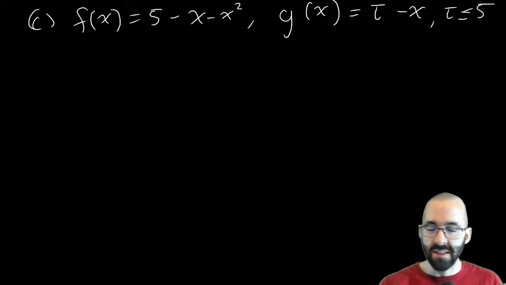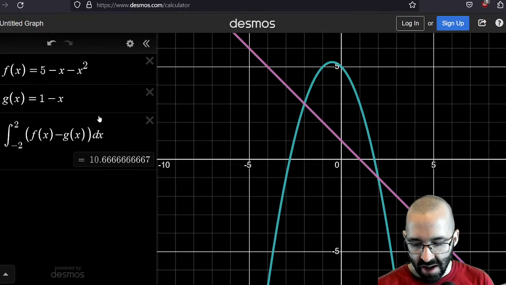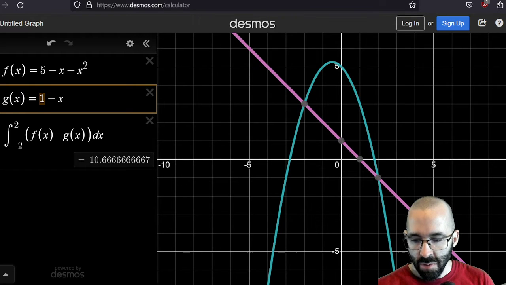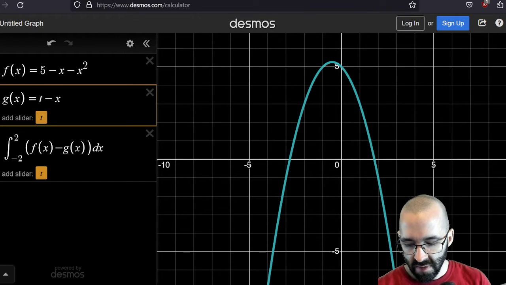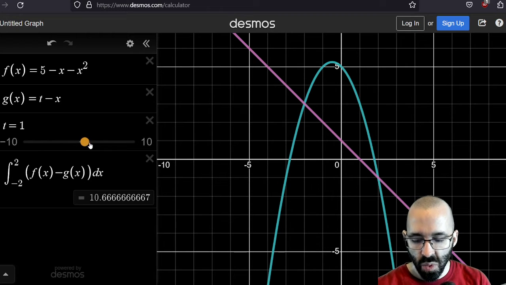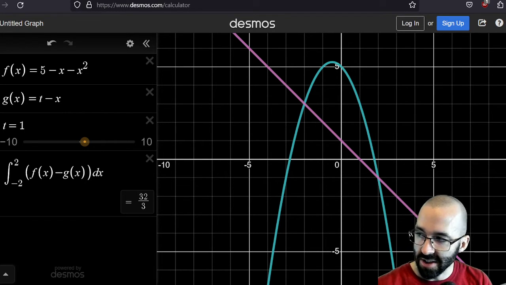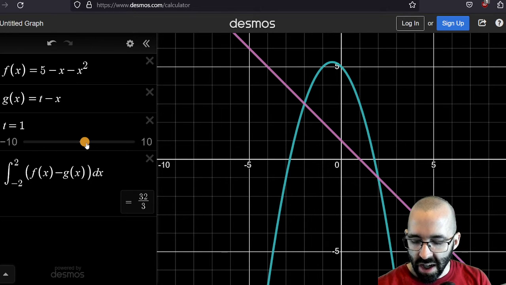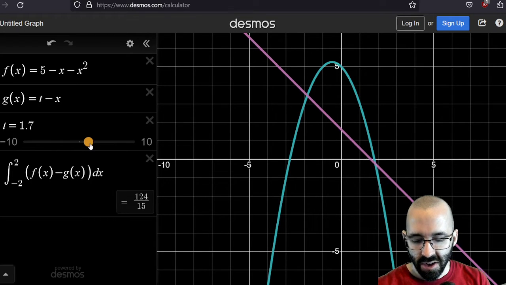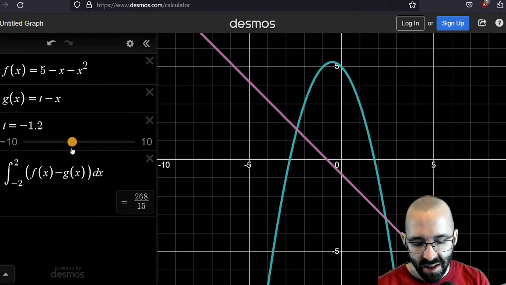So let's visualize this. I'm talking about the same f, but g now is t minus x. So when t equals 1, we have 1 minus x just like before. And as t changes, the y-intercept, t is the y-intercept, look what happens with the y-intercept.